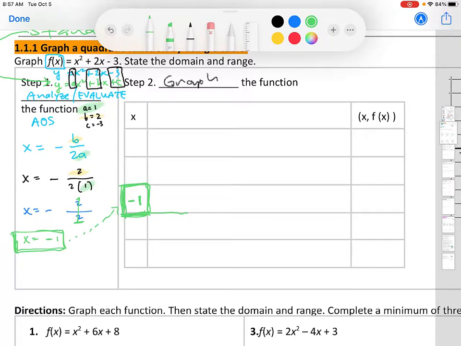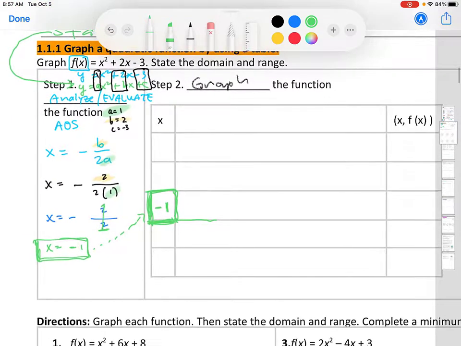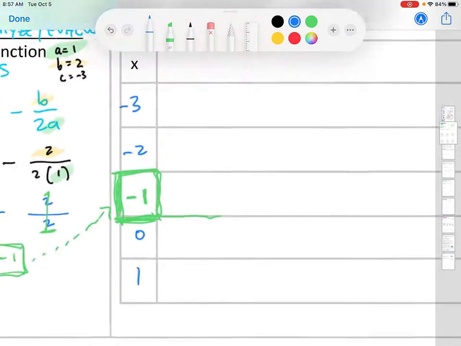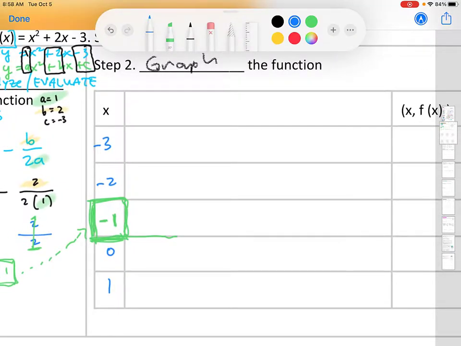This is so important. The axis of symmetry is going to help you pick values bigger and smaller. So let's just make this a number line. And let's say this is negative 2, negative 3, and this would be 0 and 1.